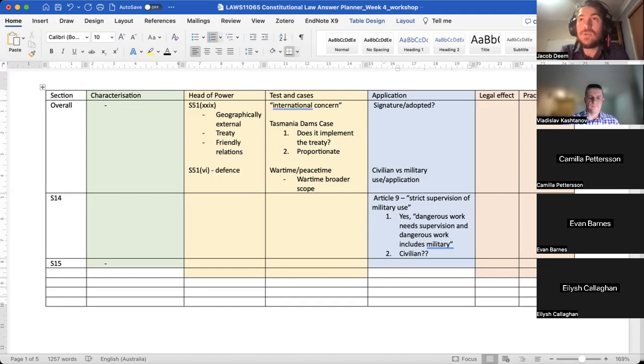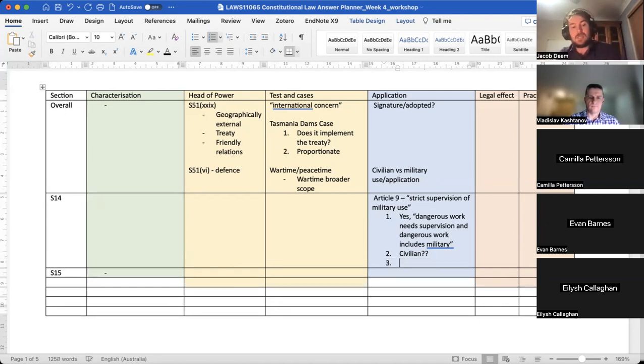Is it going too far in what was contemplated? Because the treaty focuses on wartime, and so arguably the scope and use of the external affairs power, that implementation, should be similarly restricted and narrowed in focus as well.